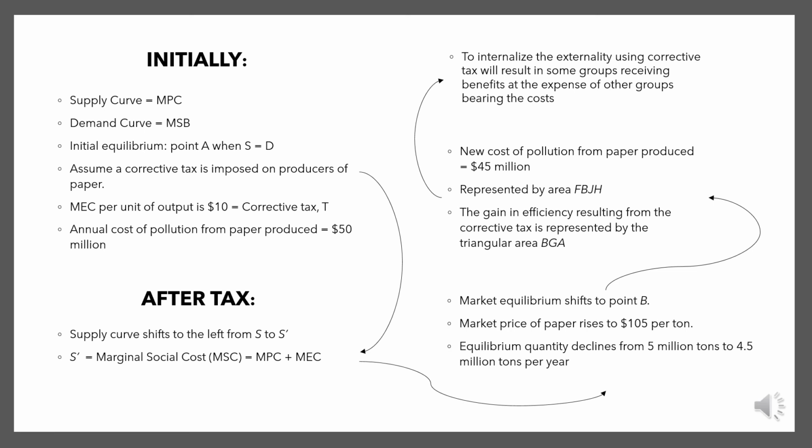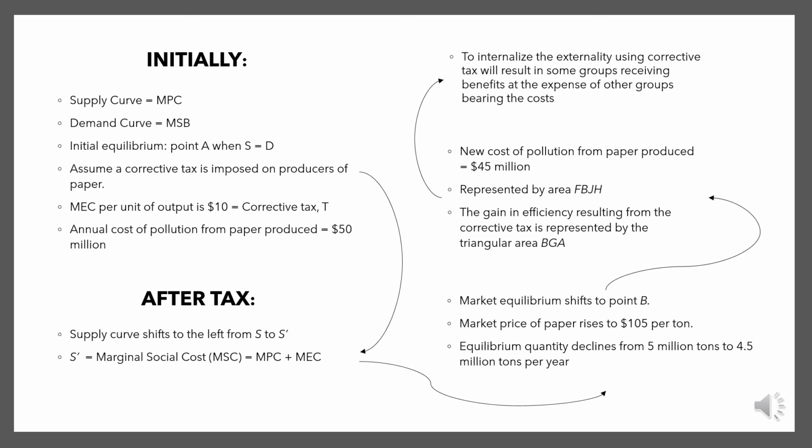After the tax is imposed, the market equilibrium shifts to B. The market price of paper increased to $105 per ton, and the equilibrium quantity of paper consumed declined from 5 million tons to 4.5 million tons per year.